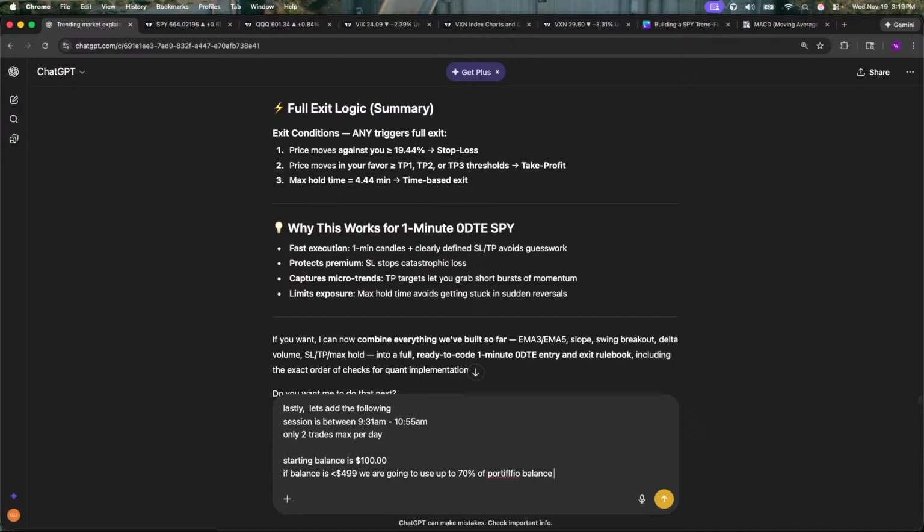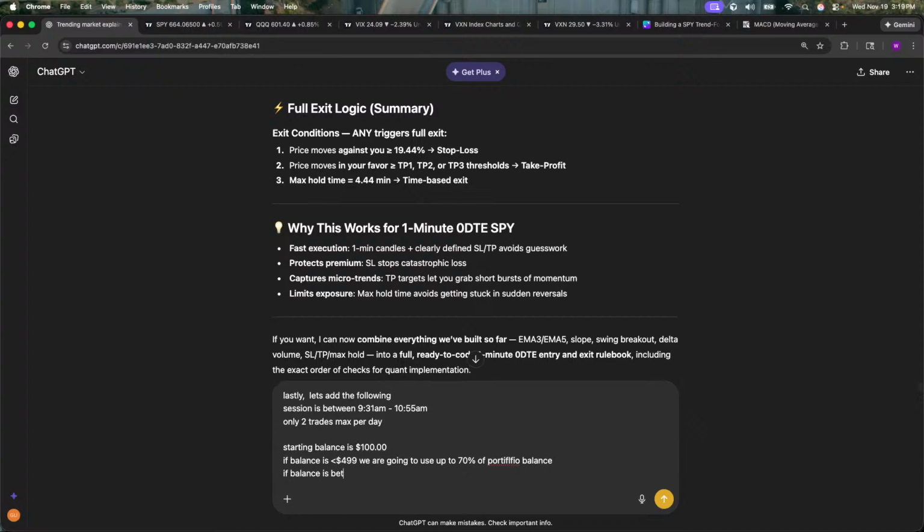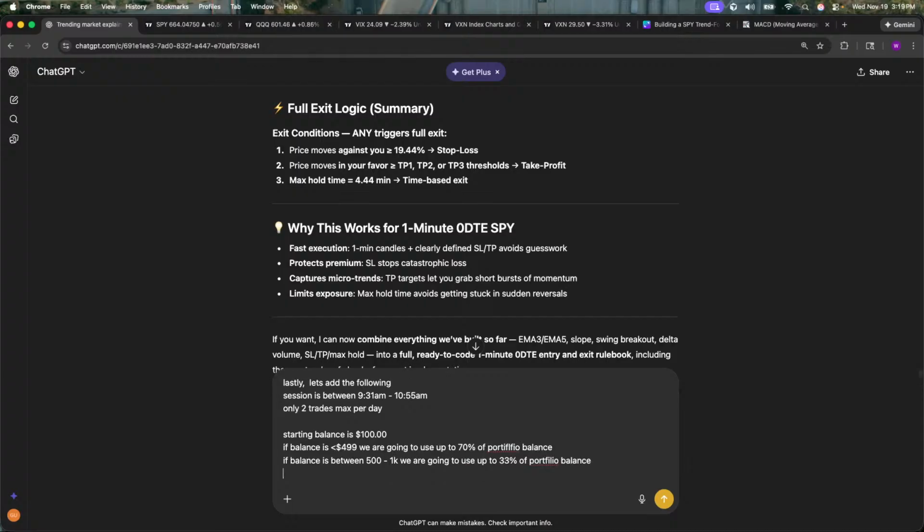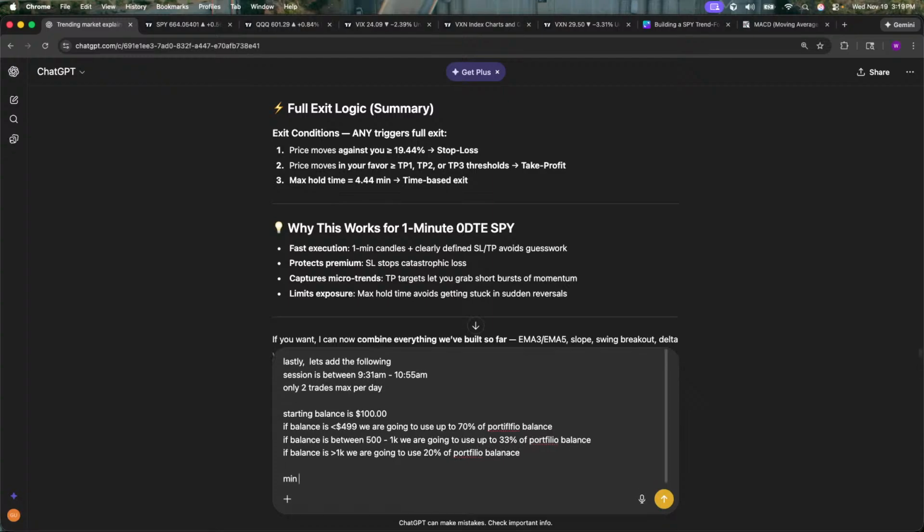And if balance is between 500 and 1K, we are going to use up to 33% of portfolio balance. Then if balance is greater than 1,000, we are going to use 20% of portfolio balance.